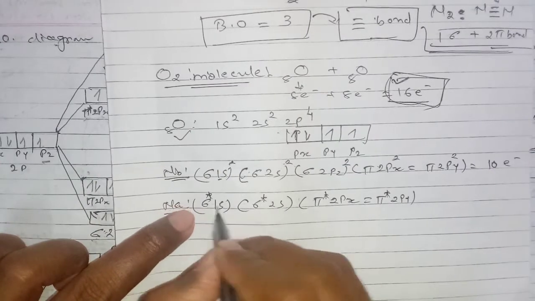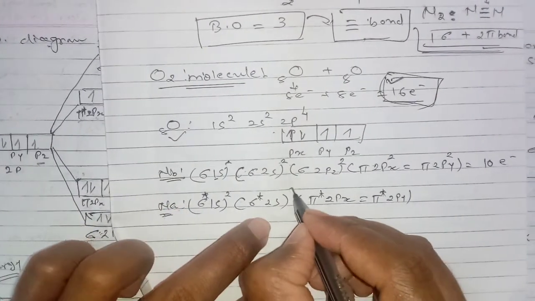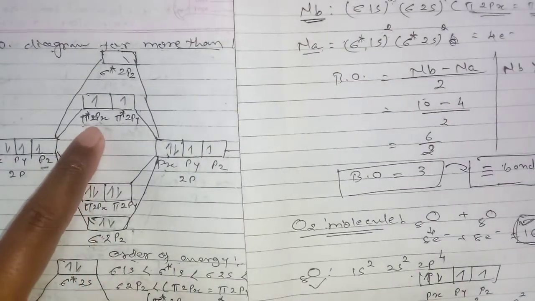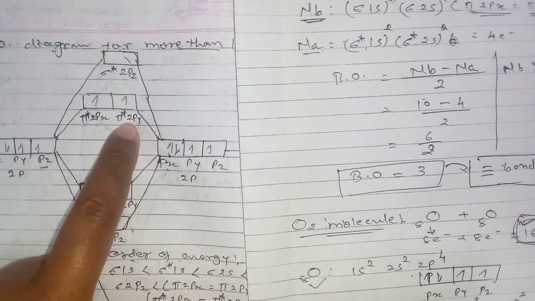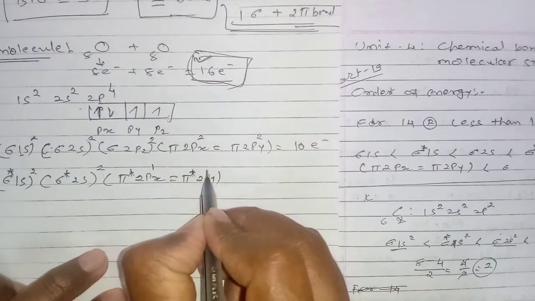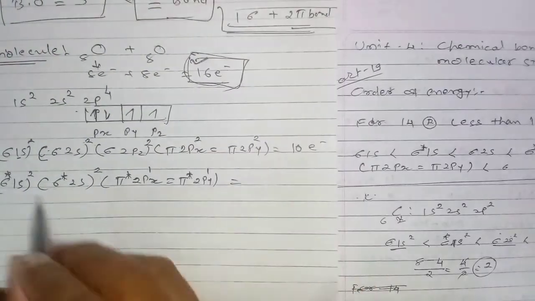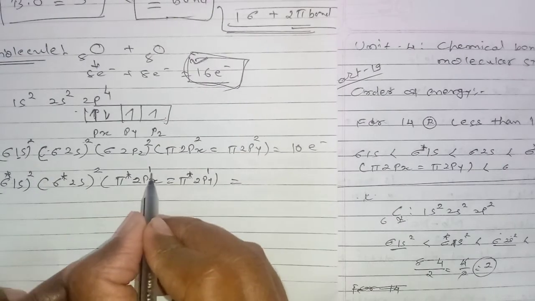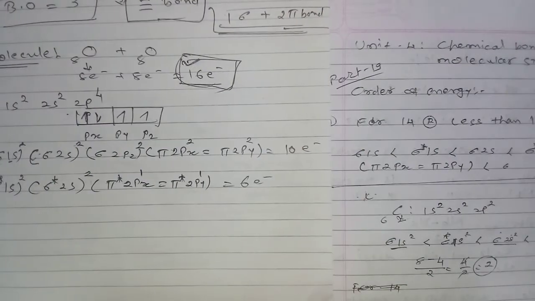Sigma antibonding 1s has 2 electrons, 2s has 2 electrons also. Now in pi antibonding 2px, 1 electron, and 1 electron in 2py, so total 6 electrons.